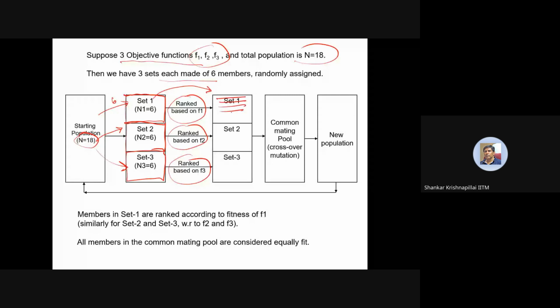This is the worst F1. Then set 2, 1, 2, 3, 4, 5, 6. This is the best F2. This is the worst F2. Then set 3 has 6 members. This is the best F3. This is the worst F3.